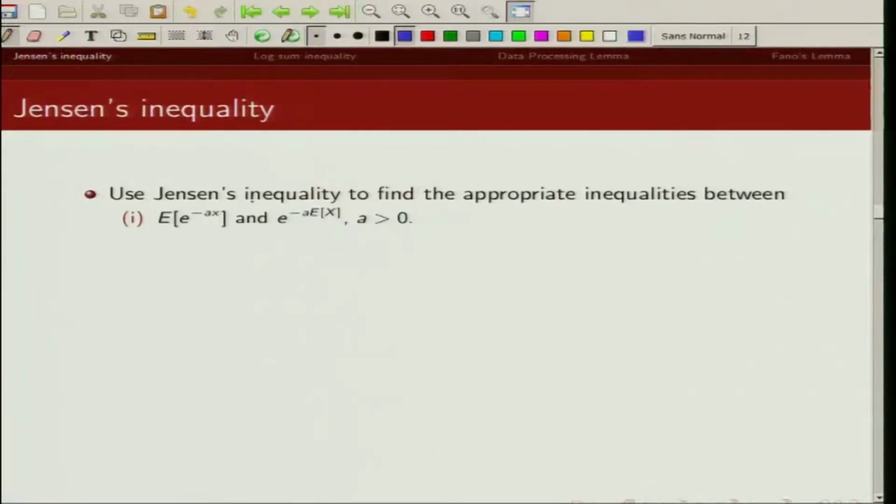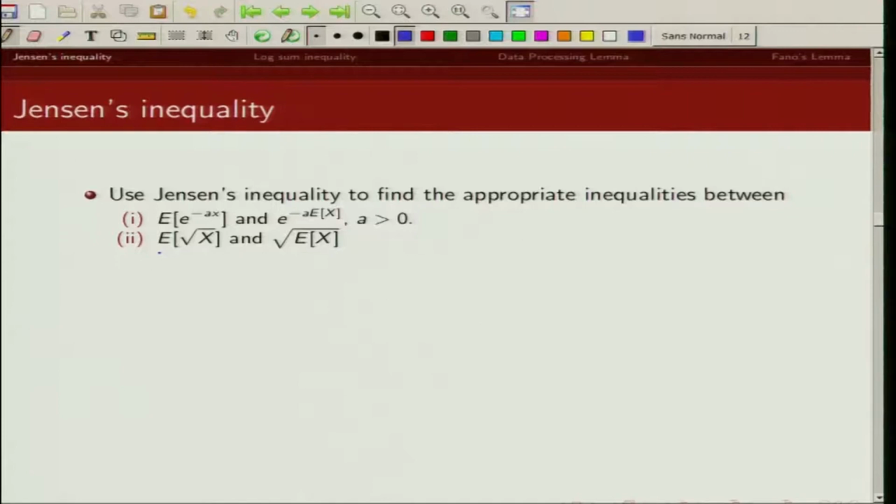Use Jensen's inequality to find appropriate inequalities between the expected value of the function e raised to the power minus ax and e raised to the power minus a times the expected value of x, where a is greater than or equal to 0, and the second function that we are considering is the expected value of square root of x and the square root of the expected value of x.